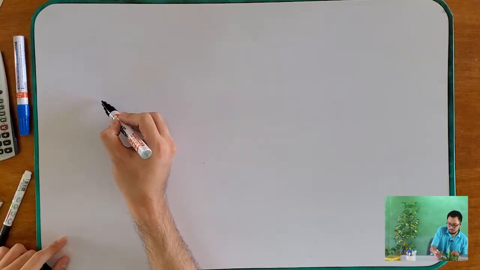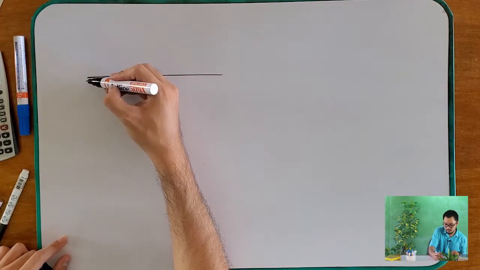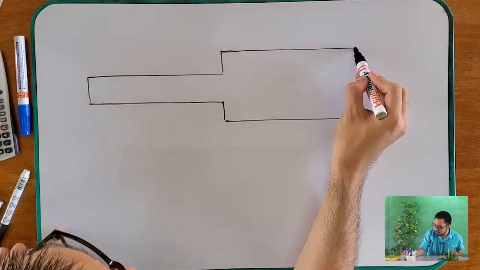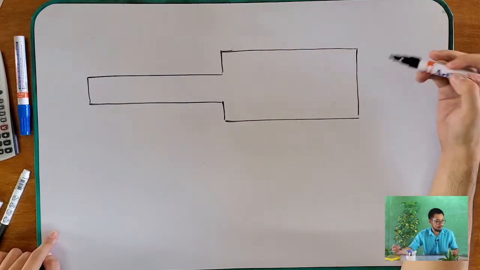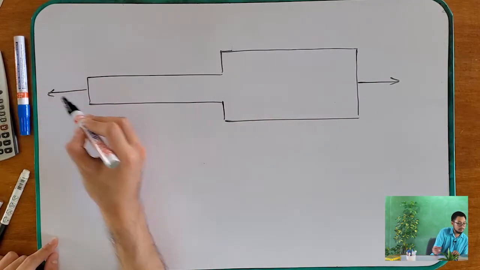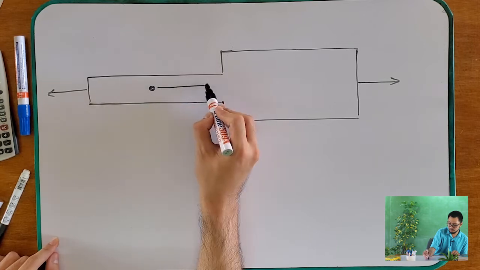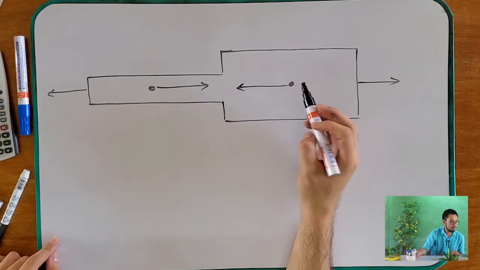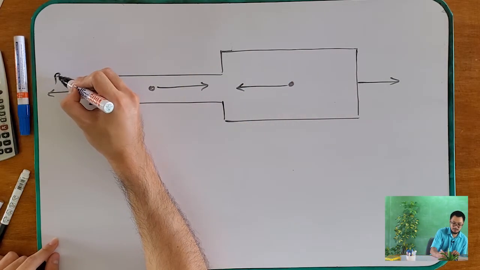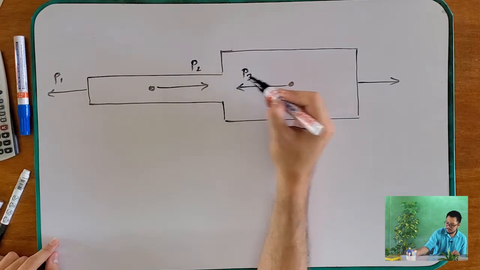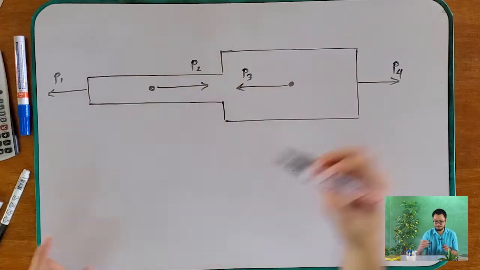Okay. Let's say, so you won't be confused, we have P1, P2, P3, then P4.